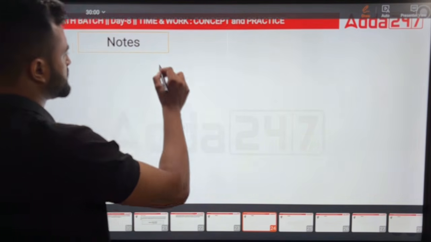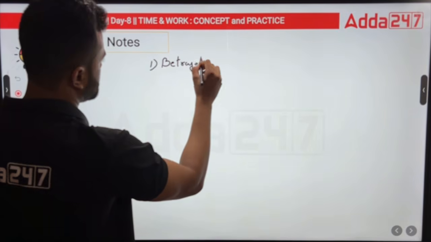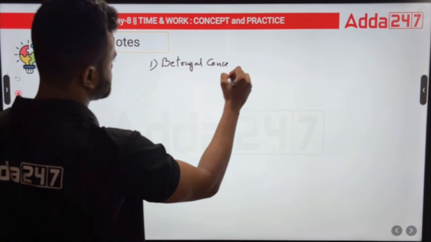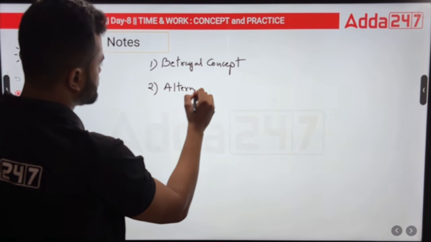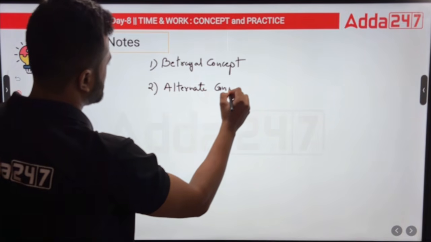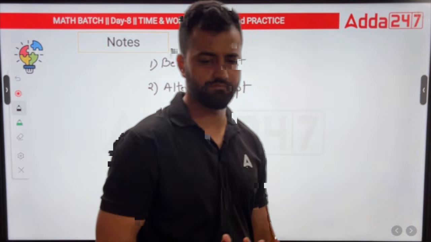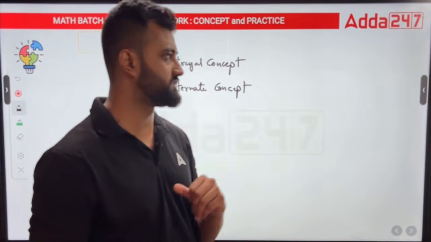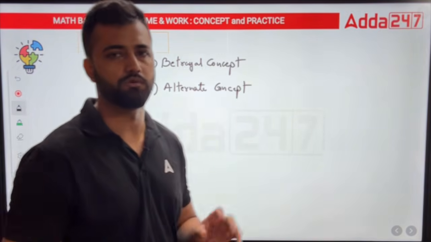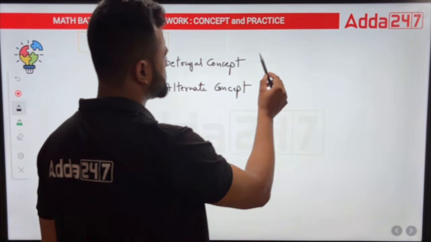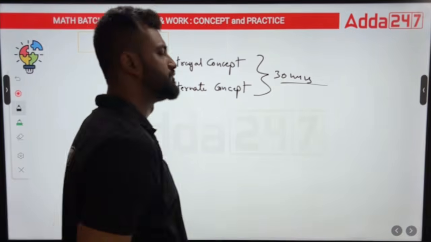Now we are left with the betrayal concept, and then number 2, the alternate days concept. This has also been asked in your examination. These are the 2 concepts that are left out, so we'll do it tomorrow. It'll take roughly 30 minutes for us. We'll cover these concepts and then move to a new topic.